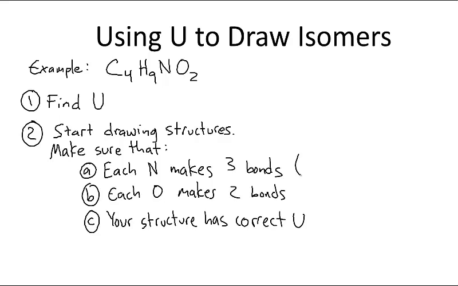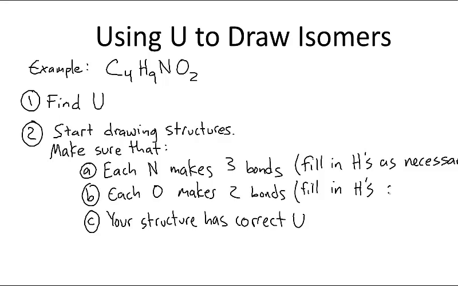If your nitrogen is making, say, 1 bond to carbon, how do you fill in the other 2 bonds? With hydrogen. So on nitrogen and oxygen, you want to fill in H's as necessary. So go ahead, draw a few.